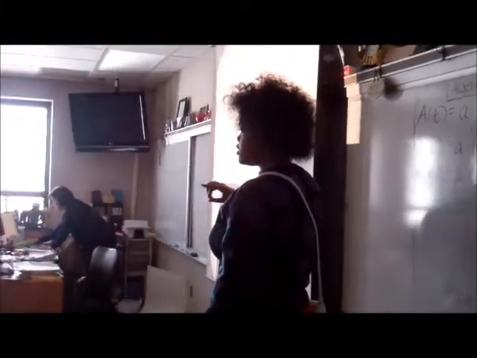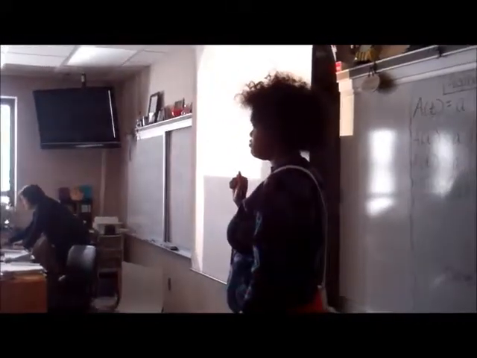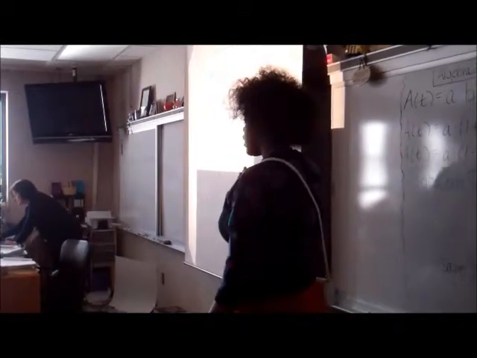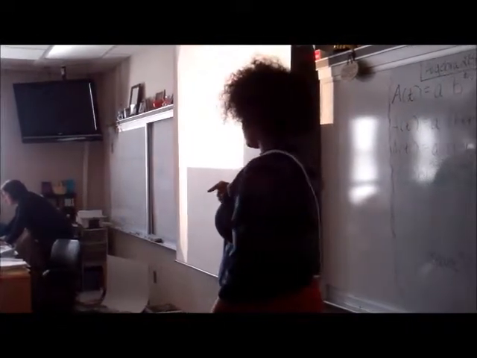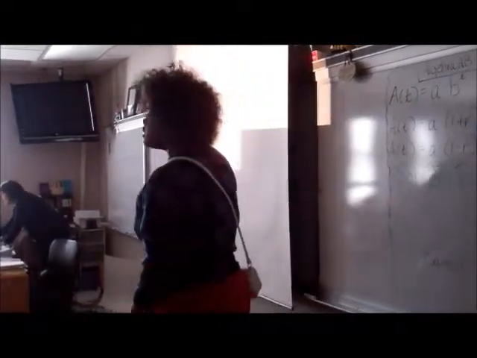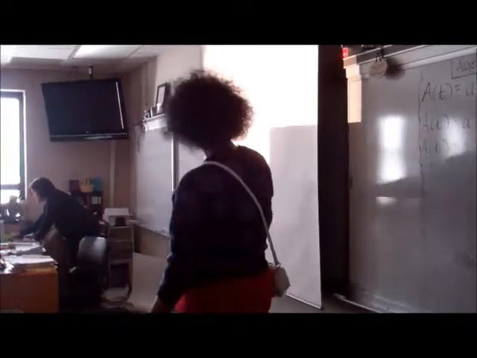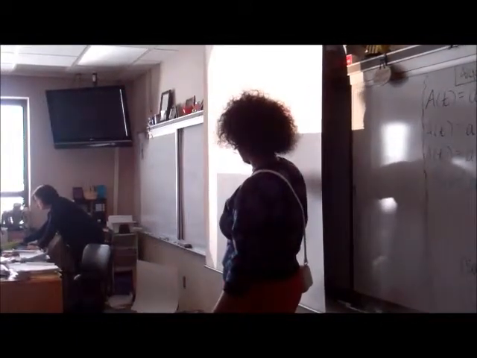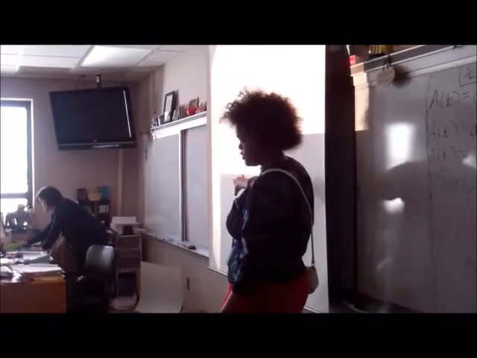Should it go up 5? It will go up 5. It will compress by -2. By -2? Would it reflect across the x-axis? It will reflect across the x-axis. So our parent function would be 2 to the x because we have an exponential function.